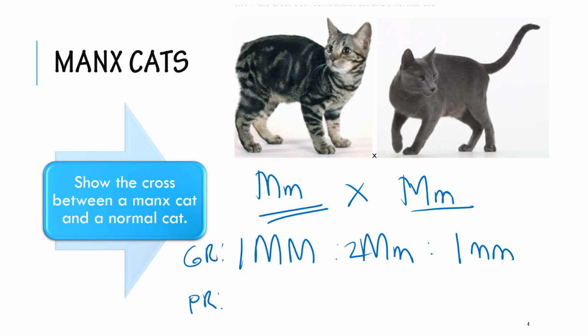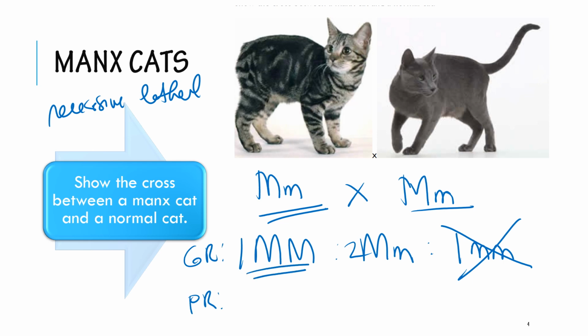Since it's recessive lethal, this one will be lethal, this one will be a normal cat, and the two heterozygotes will produce Manx. So like earlier, 1/3 will be normal and 2/3 will be Manx cats, and the recessive condition will be lethal.